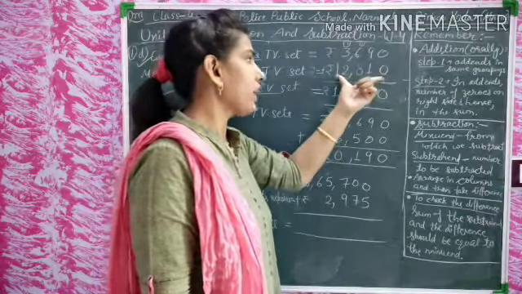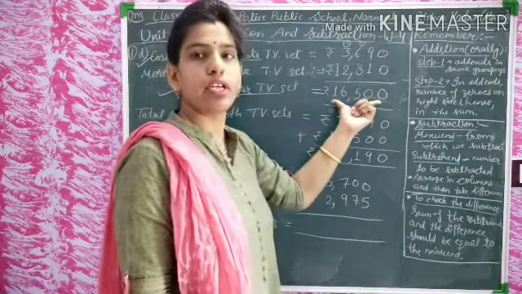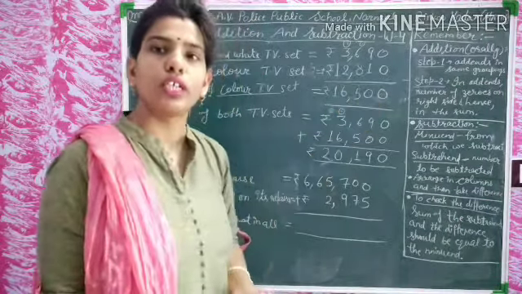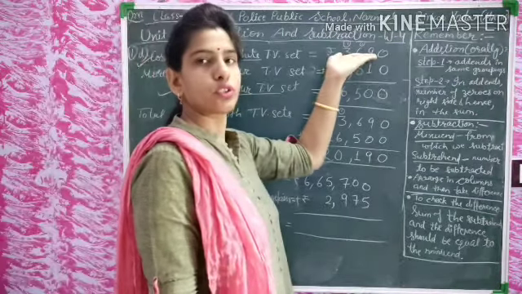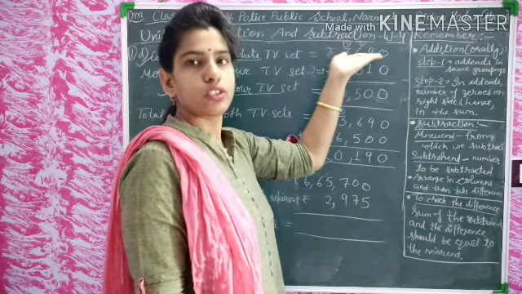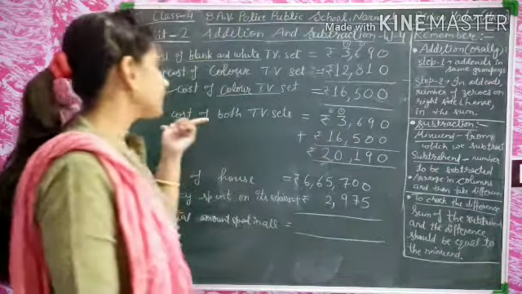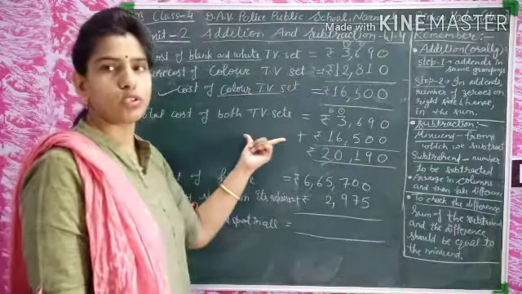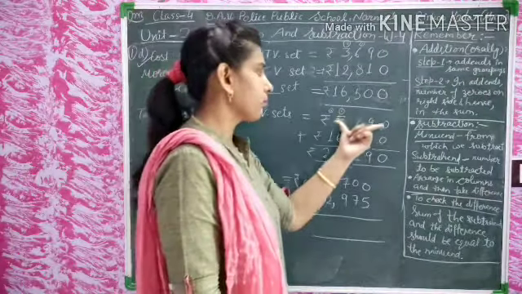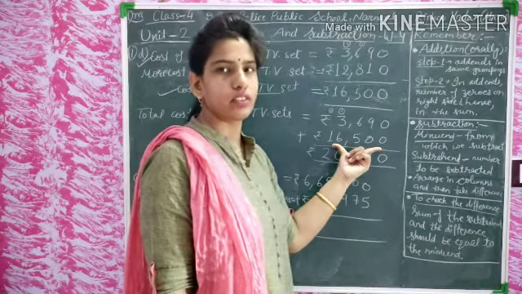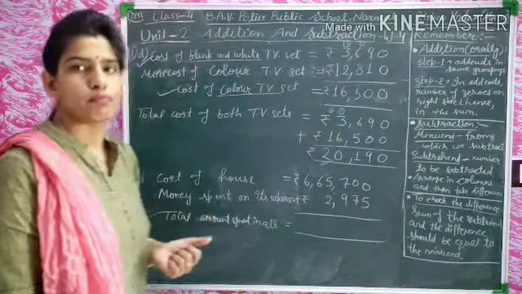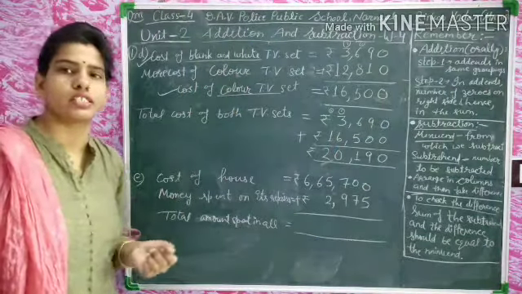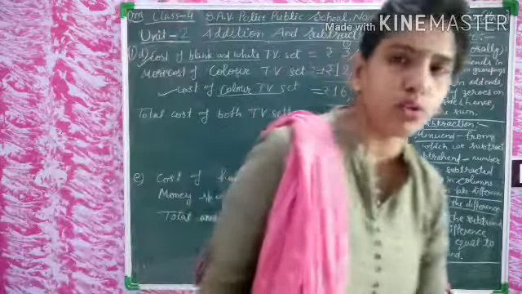So adding both numbers, we get the cost of the color TV set. Then adding the cost of the black and white TV set and the color TV set, this is the total cost of both the TV sets. Is it clear students? Now go to the next question.